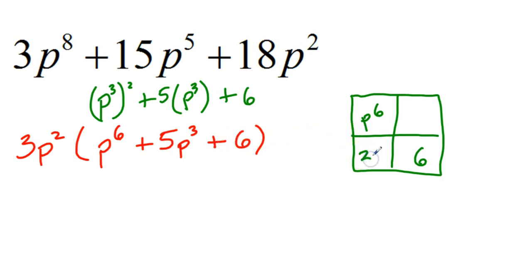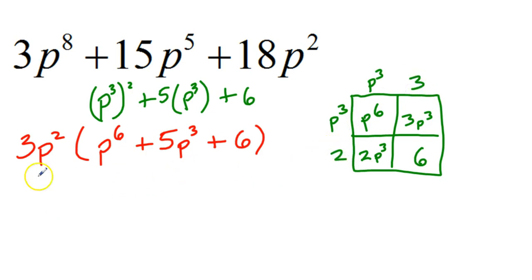So 2p cubed and 3p cubed. Those add up to 5p cubed, so it's equivalent to what I have. Now, we can factor this. So in the top row, I've got a GCF of p cubed, and this row I've also got a p cubed and p cubed. You can fill in the rest of it. So we've got a 3 and a 2.